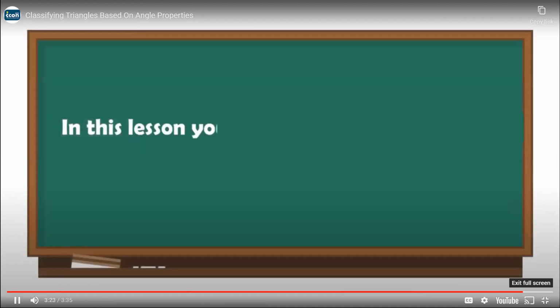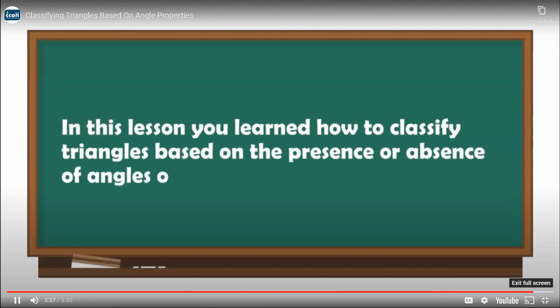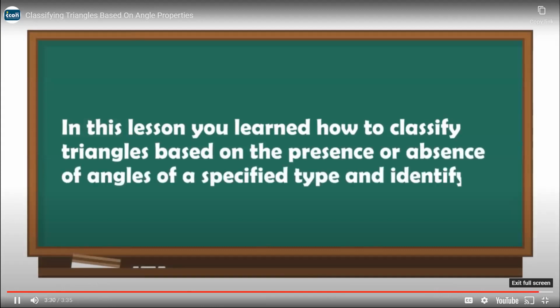In this lesson, you learned how to classify triangles based on the presence or absence of angles of a specified type and identify right triangles.